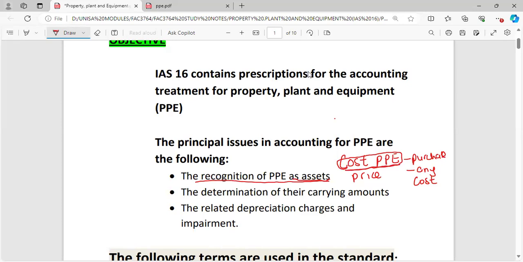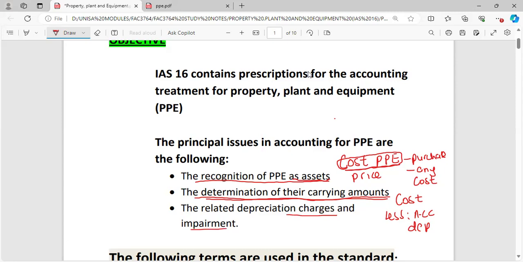Right? So we will be looking at the recognition of PPE as assets. Then we need to determine the carrying amount of the asset. So when you are determining the carrying amount of the asset, this is where you have to say the cost of the asset less accumulated depreciation. So which means here you will be charging depreciation to that particular asset, including impairment.